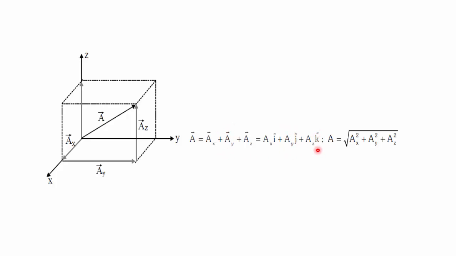Similarly with az. So what is the magnitude of a? As we have shown in 2D, we can write in 3D also, root over ax square plus ay square plus az square. Like this, I can also determine the relation between cos alpha, cos beta, cos gamma as ax equal to a cos alpha, ay equal to a cos beta, az equal to a cos gamma, the same way we calculated sin theta and cos theta in the two-dimensional coordinate system.